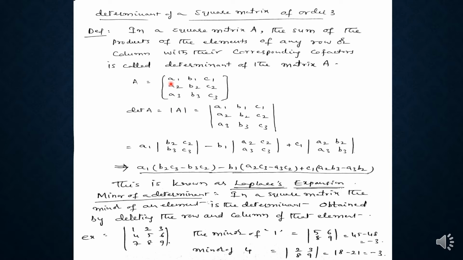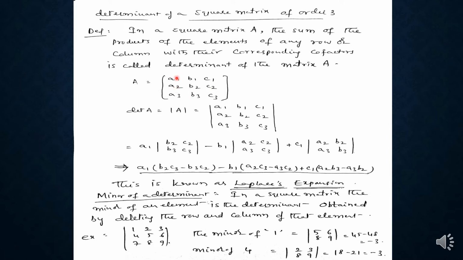Suppose we want to find the minor of a1. a1 is in the first row and first column. So imagine that we delete the first row and first column. Then what are the elements left here? b2, c2, b3, c3. So what is the determinant value of these remaining elements b2, c2, b3, c3? That is b2 c3 minus b3 c2. That is the minor of the element a1.